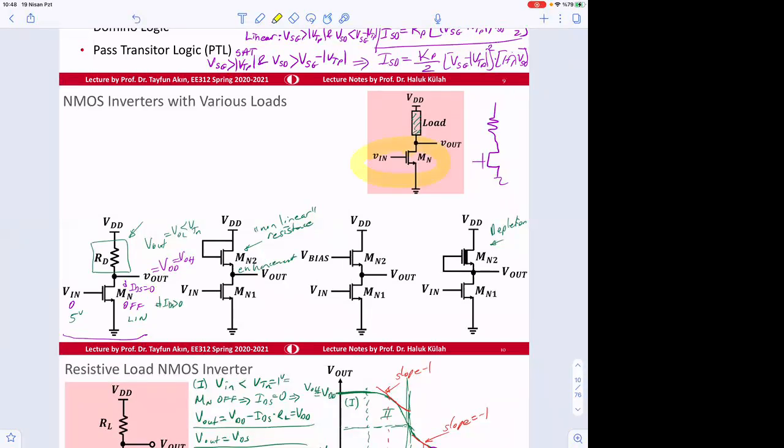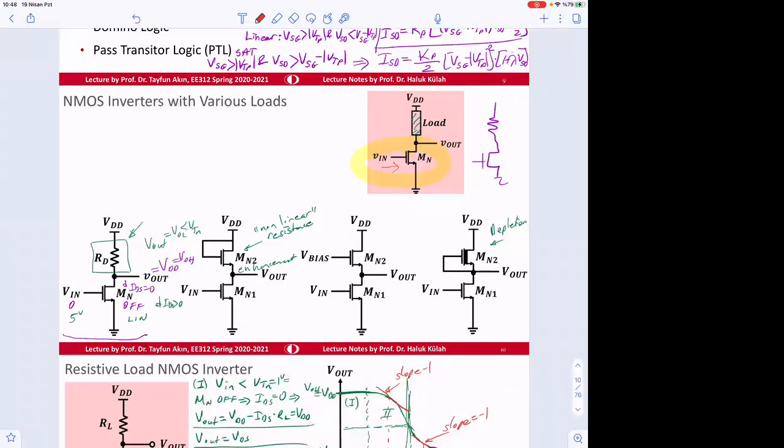Since there is no current going through here, that's an advantage. So there is no resistive loading for the next stage, or for the previous stage here. So that's an advantage.